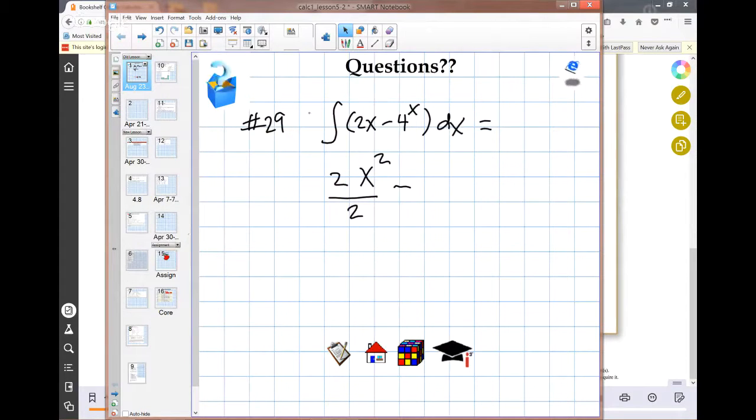That's 1 over the natural log of 4 times 4 to the x, plus c.